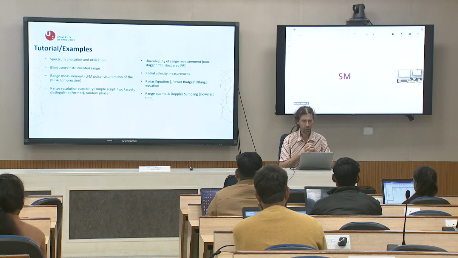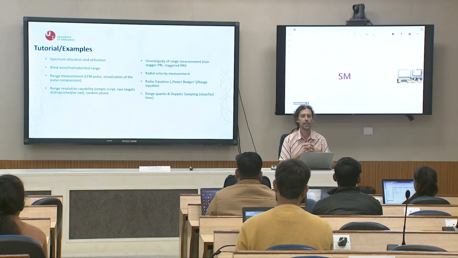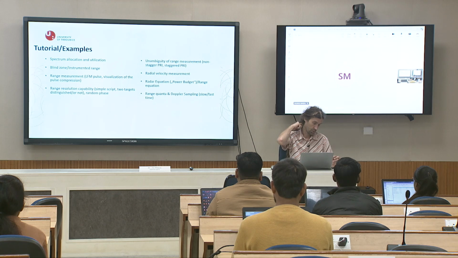Then I will show you range resolution capability, based on the resolution of two targets, if it's distinguishable or not in the main lobe, unambiguity of range measurement, radial velocity measurement, which is connected with blind speed, and then radar equation and range quanta and Doppler sampling. So it is our slow and fast time. Quite a lot of tutorials, so we'll see, we will continue.